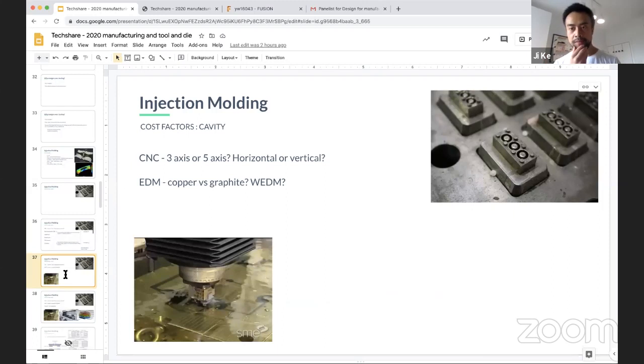EDM. EDM is an interesting part. EDM is surprisingly cheap. EDM stands for electrical discharge machining, I believe, and essentially it machines out elements. Actually, I don't think this part is EDM, but essentially it's a copper contact that moves up and down very slowly, microns at a time, but it charges a high amount of electricity, right?